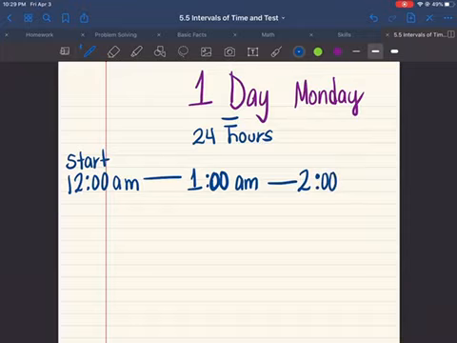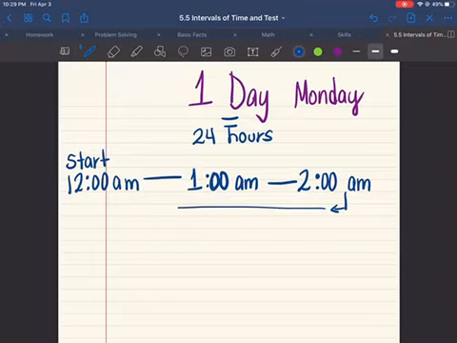And then we have 2 o'clock a.m. And then we have 3 o'clock. And I'll make a little arrow pointing this way because it's going to go all the way to this way.